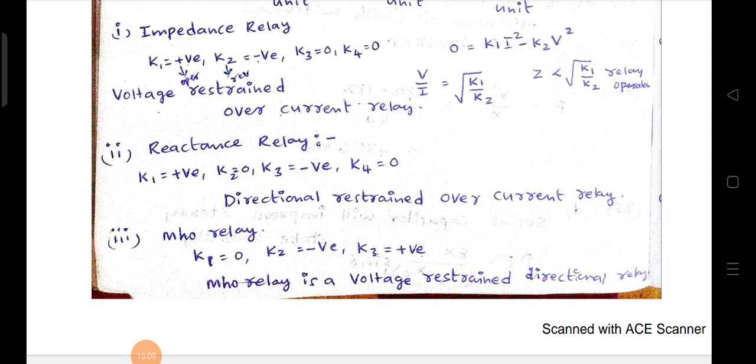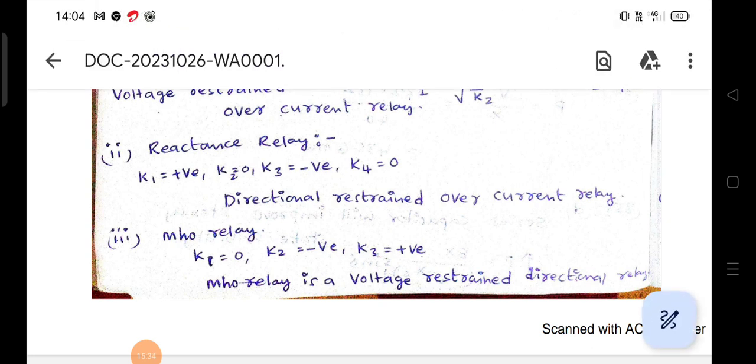Next, similarly for a reactance relay, K1 is positive and K3 is negative. K3 is the directional unit, that is negative, and K1 is positive, the current unit, which means directional restrained overcurrent relay. You can remember that a reactance relay is nothing but a directional restrained overcurrent relay. Similarly, for a mho relay, K1 value is 0, K2 is negative and K3 is positive, that means voltage restrained directional relay.